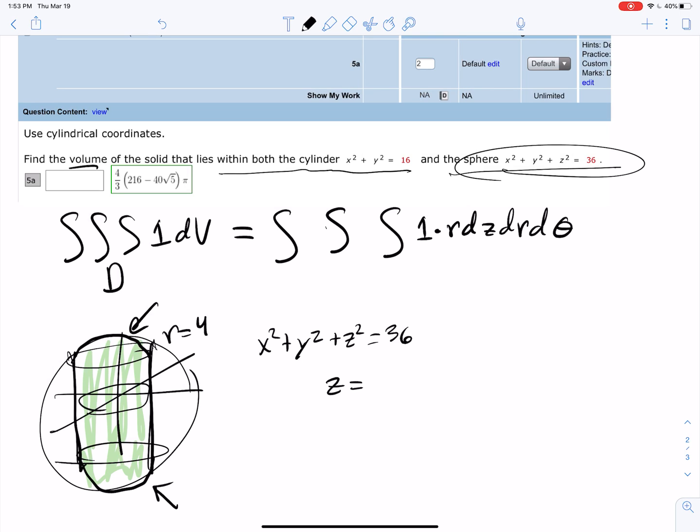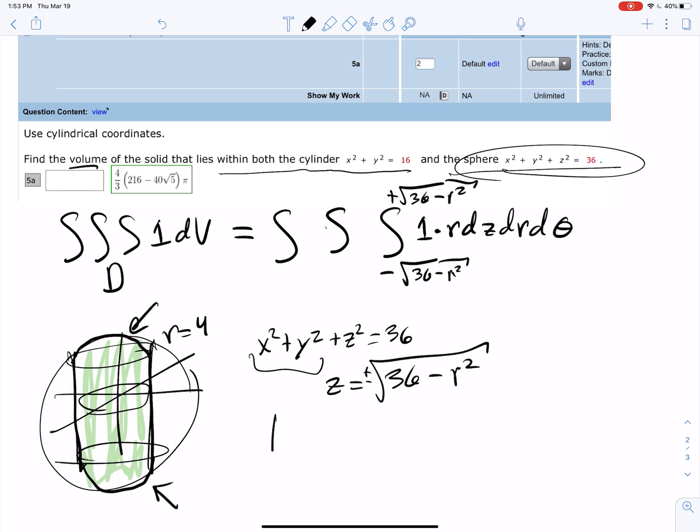I can write that as z equals plus or minus the square root of 36 minus r squared, because x squared plus y squared is r squared. I can subtract that over, solve it for z squared, and then square root both sides. So that's going to be my z's from negative root 36 minus r squared to positive root 36 minus r squared.